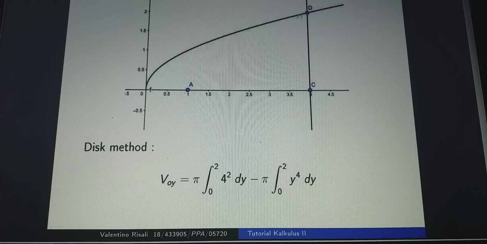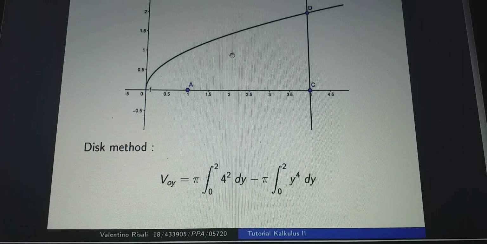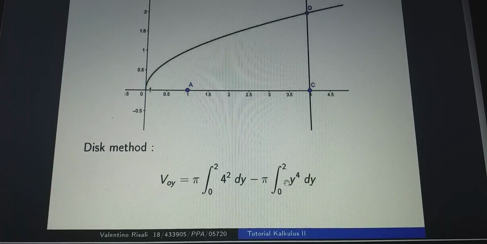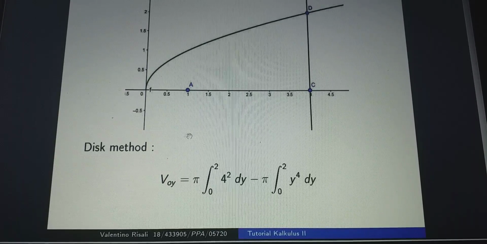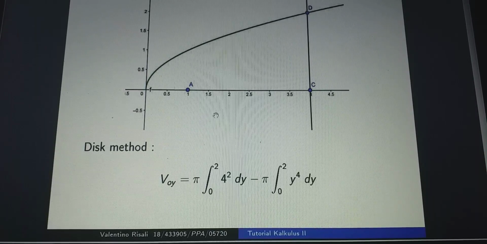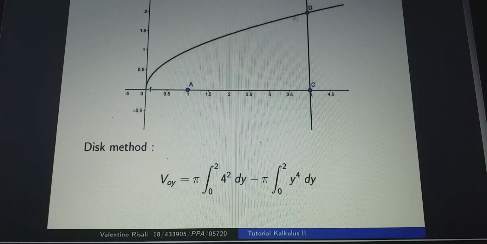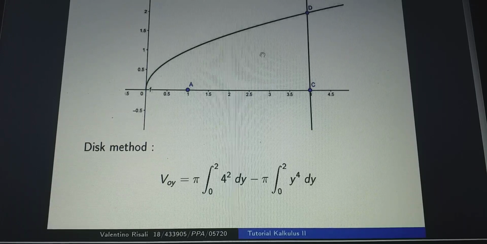The curve y equals square root of x is equivalent to x equals y squared, so we have y squared, squared again, which is y to the power of 4. Then we have the volume of the solid generated by revolving this region about the y-axis.